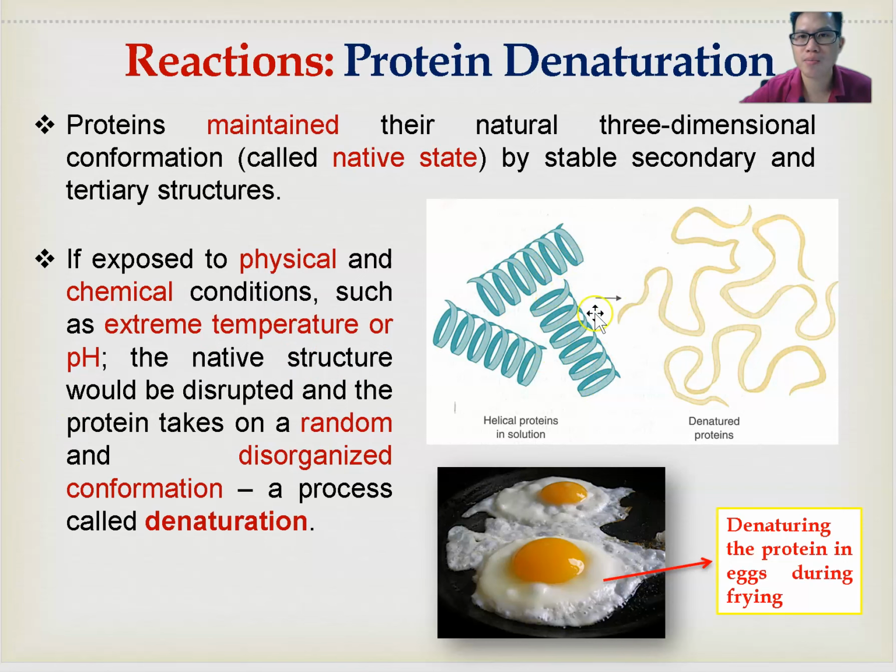At first, it had some alpha helix, but now it becomes random. This can be due to a change in the temperature, exposure to physical and chemical conditions, or pH and so forth. So denaturation is due to the unfolding of the protein. Obviously, the unfolding leads to the diminishing of the original functions.